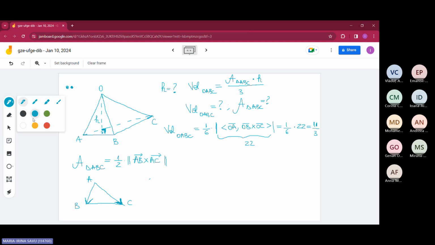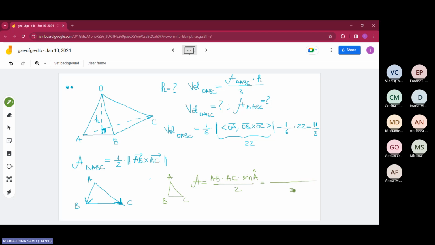You know that if you have a triangle ABC, then the area is AB times AC times sine of A over 2.